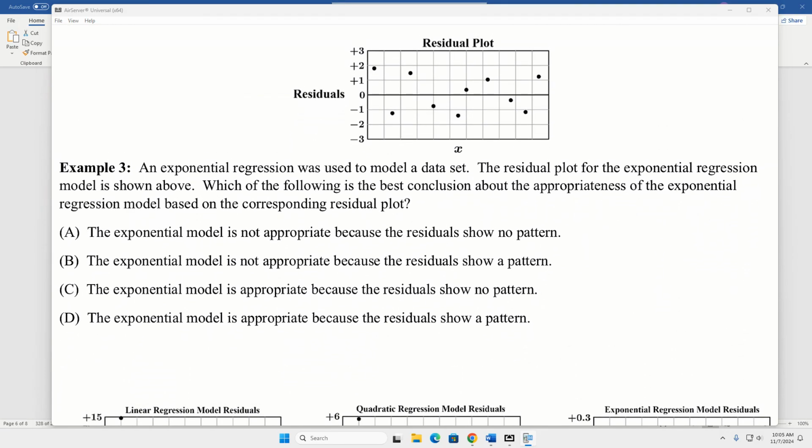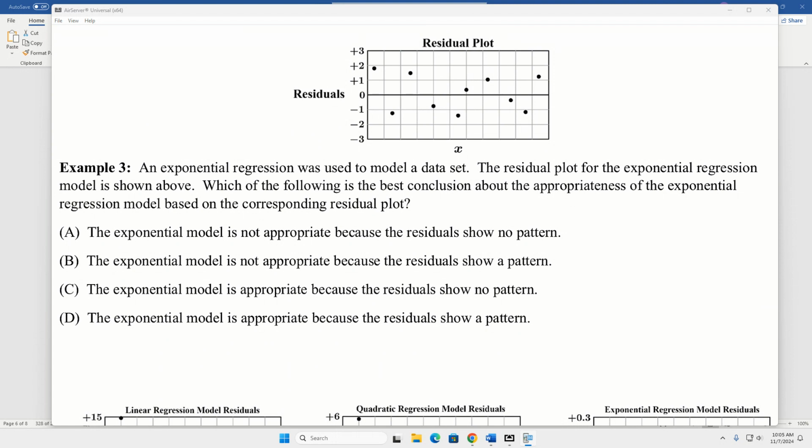Okay, so here we go. Now these questions get kind of complicated, but pay attention that this is the residual plot. It says these are your residuals, so pay attention to what you're given each time. So on example 3, and you do have to read every word, and I'm bad about skimming over words, an exponential regression was used to model a data set.